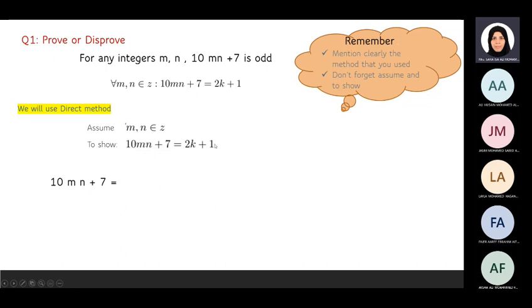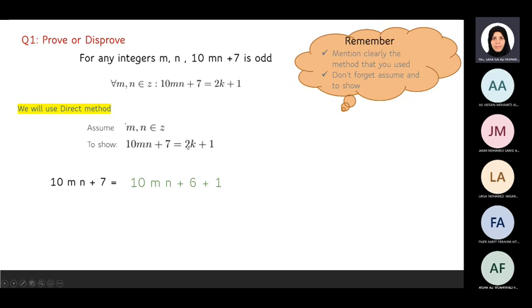I need the constant to be plus 1. So what I will do, I will remove 7 and I will substitute it with 6 plus 1. Do I change anything? No. I'm just taking 7 and I put 6 plus 1. Now, plus 1 plus 1.